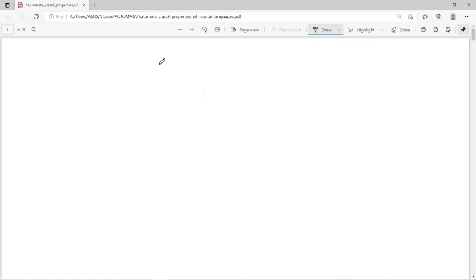That means a finite automata is given and you have to convert it into a regular expression, and there are two methods: one is Arden's method and one is the state elimination method. But as I already told you, Arden's method cannot be applied to epsilon, but the state elimination method can be applied to any finite automata.